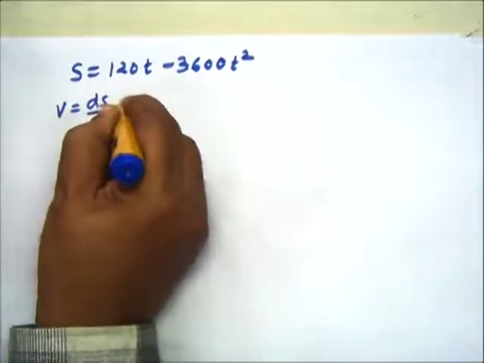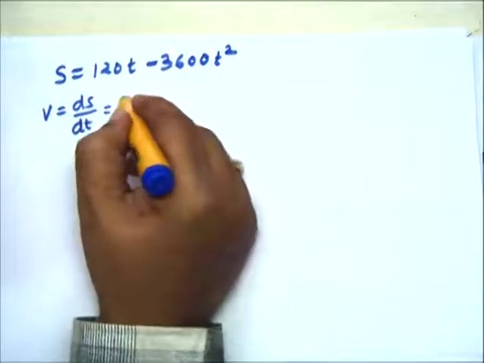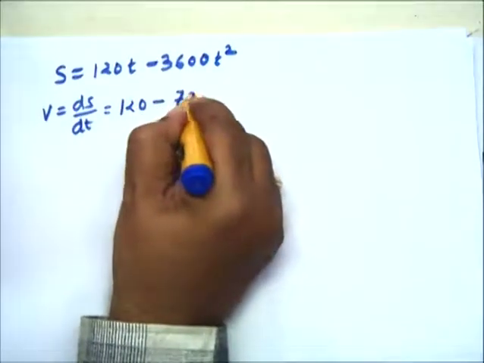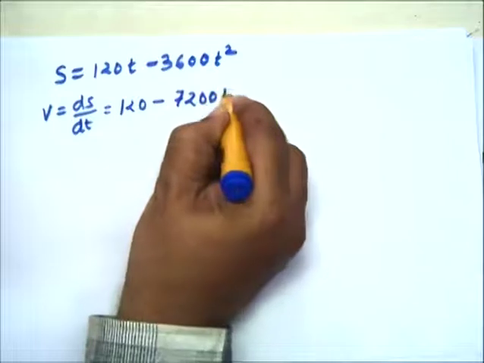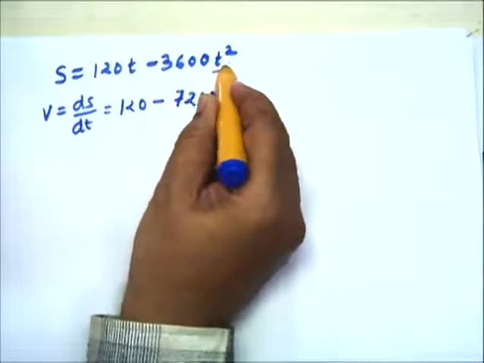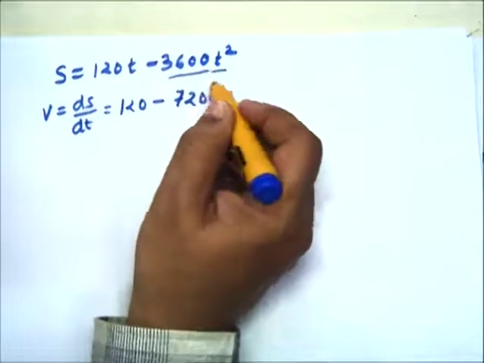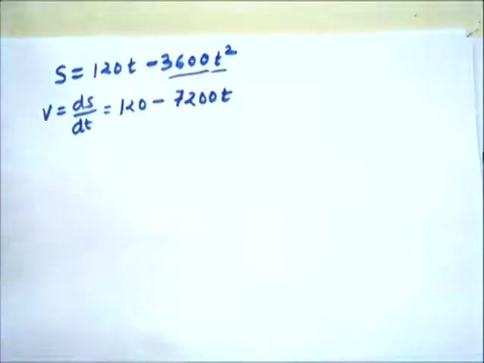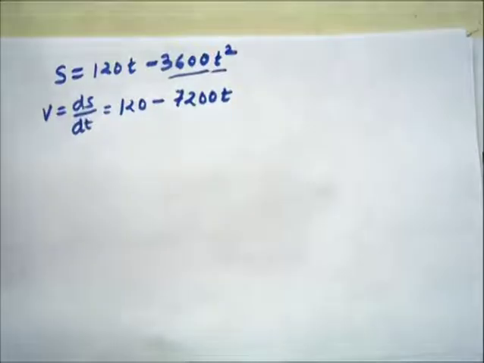the derivative of s with respect to t. So it is 120 minus 7200t. The derivative of t square is 2t, so 2 into 3600 is 7200. So this is the velocity of the bullet. Now we want to know how much distance the bullet has covered.